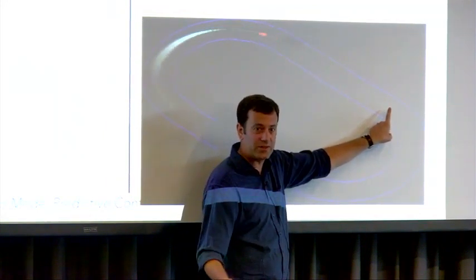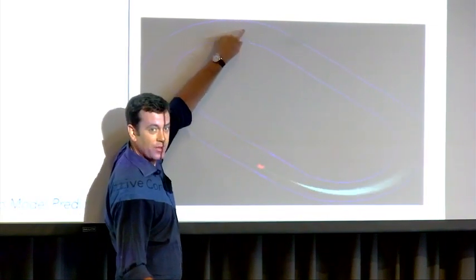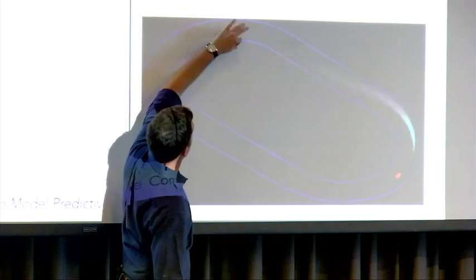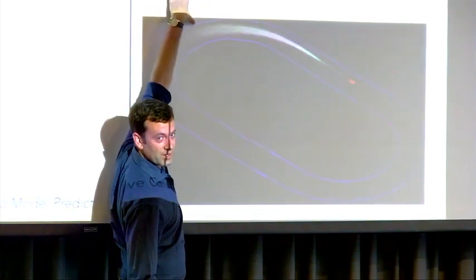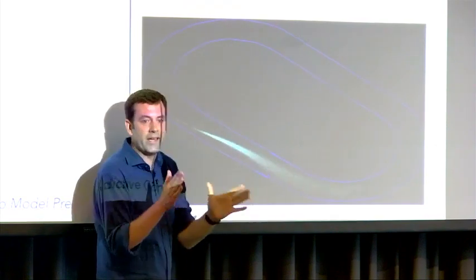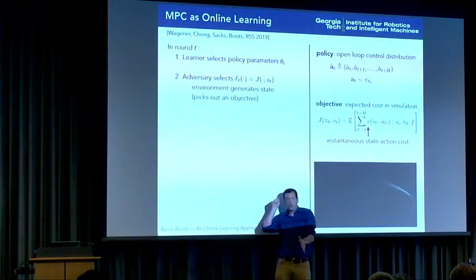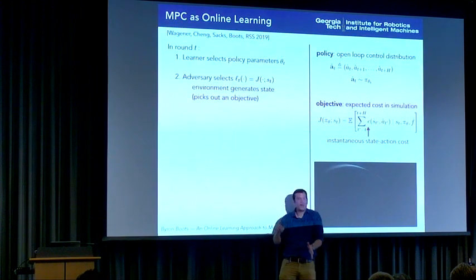If I took the same distribution and the world places me right here, then my distribution will look off this direction and you'll end up with very high cost. But I'm making this decision about what my distribution is before I actually am placed somewhere in the simulator.